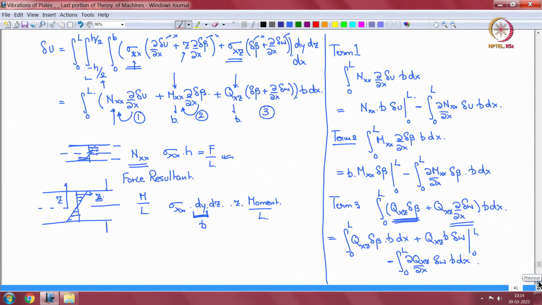Okay, so now we went quite a bit last time, so we are over here. The potential energy has all these terms. For the moment we'll ignore the boundary terms, we'll just stick with the integral terms. So let us see what we have.